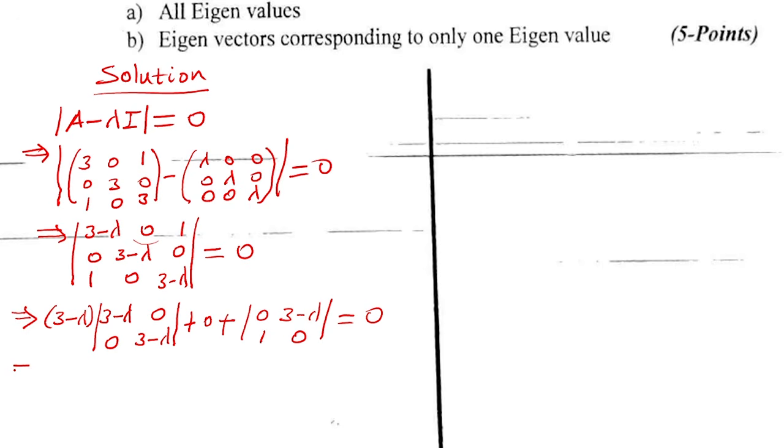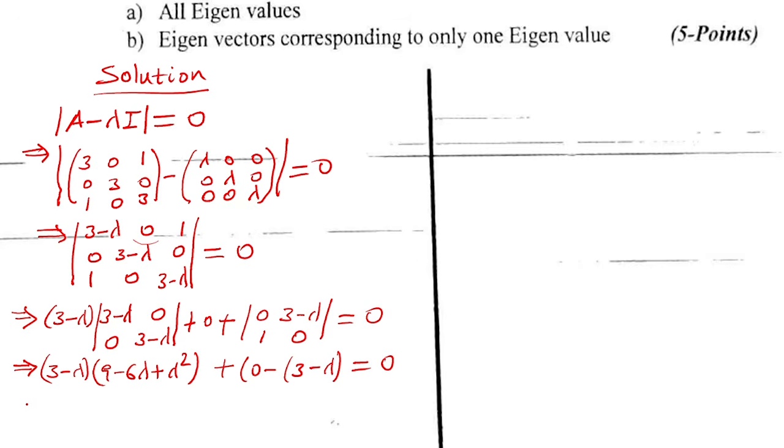Then when we determine the determinant of the 2 by 2 matrix here, the result will be (3 minus lambda) times (3 minus lambda), that is 9 minus 6 lambda plus lambda squared, plus here we have the determinant 0 minus 1 times (3 minus lambda), is equal to 0.